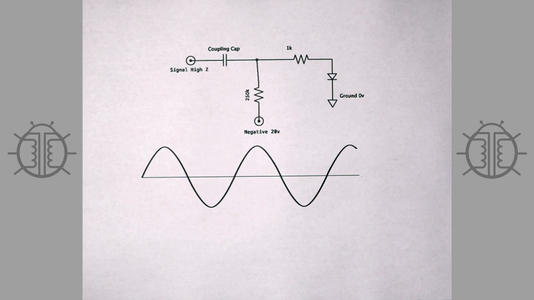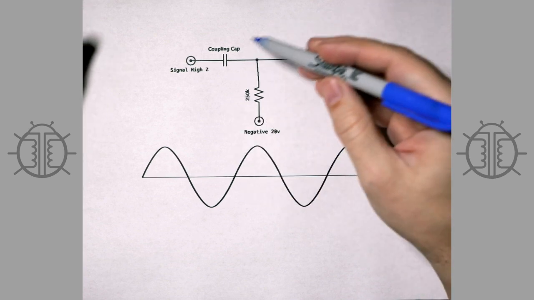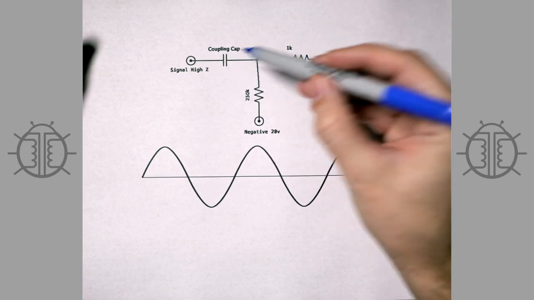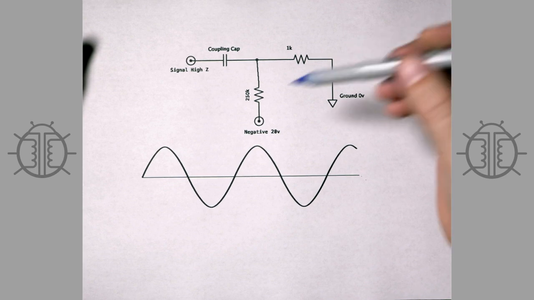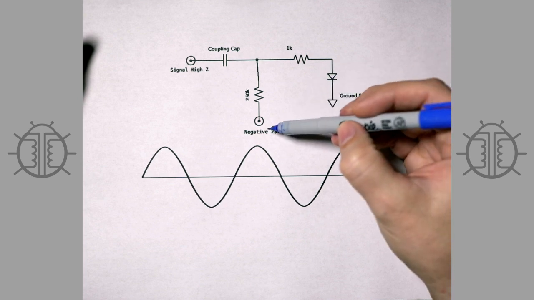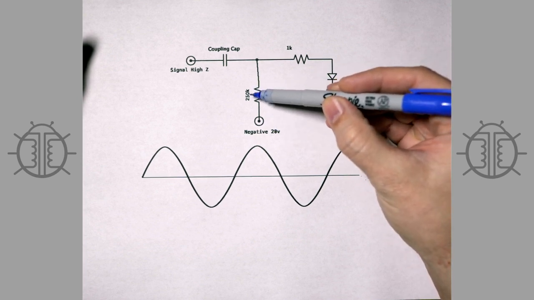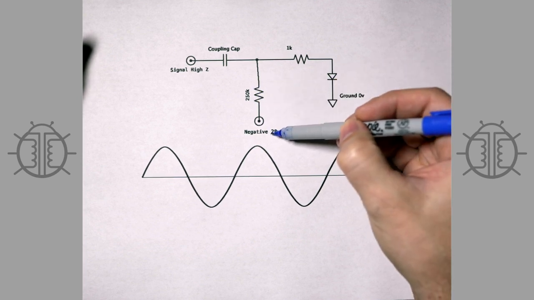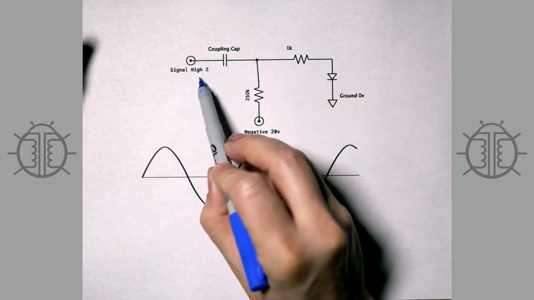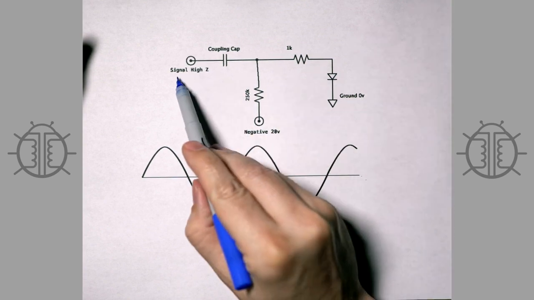Okay, so this is our simplified diagram to show what happens with blocking. In a properly functioning circuit, which is what we're looking at here, where the capacitor is not leaking and our negative voltage is correct, the negative voltage flows through this large value resistor. This is so that the negative voltage supply doesn't load down the high impedance signal from the plate of our previous stage.